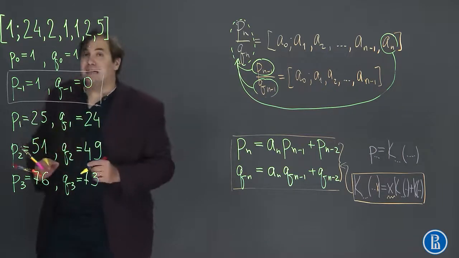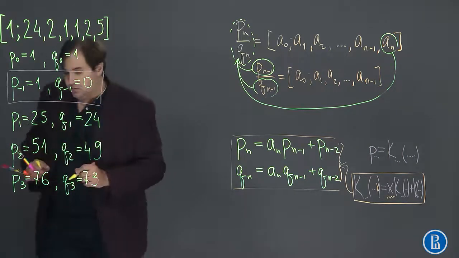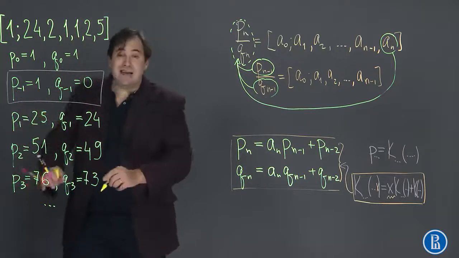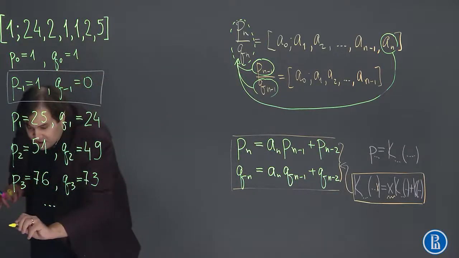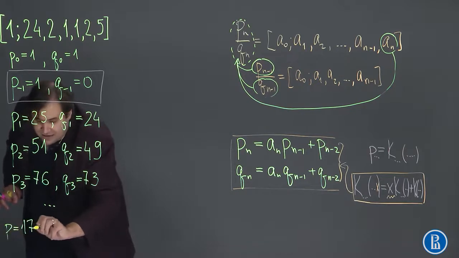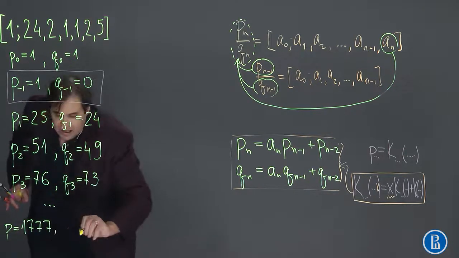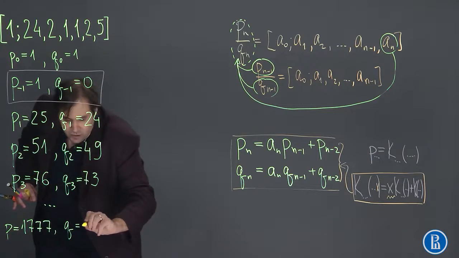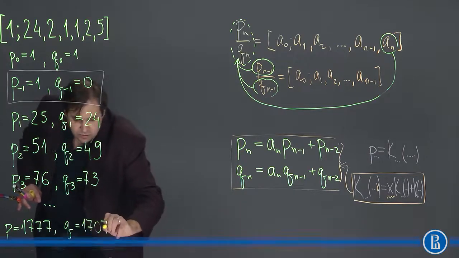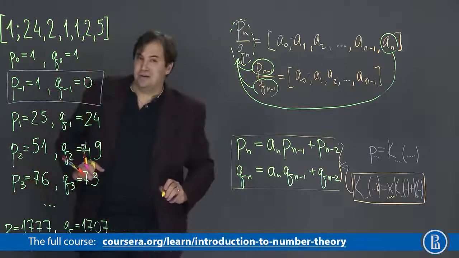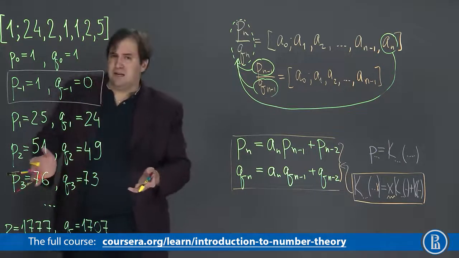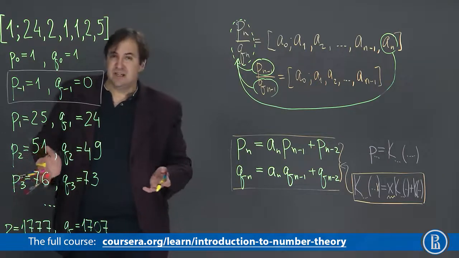And finally, I would like to ask you to really make sure that this ends with p at some step equal to 1777 and q equal to 1707. By the way, why on earth have I chosen these numbers? The question is still open.